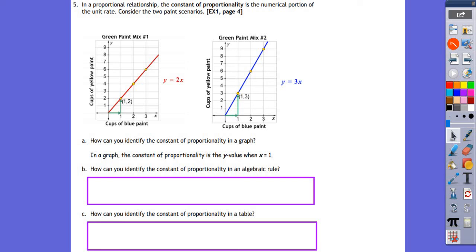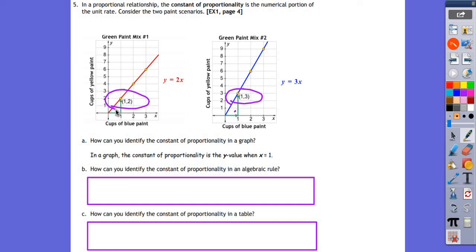When x equals 1, the constant of proportionality is your y value. So these ordered pairs told me when x was 1, the y value was my constant of proportionality.